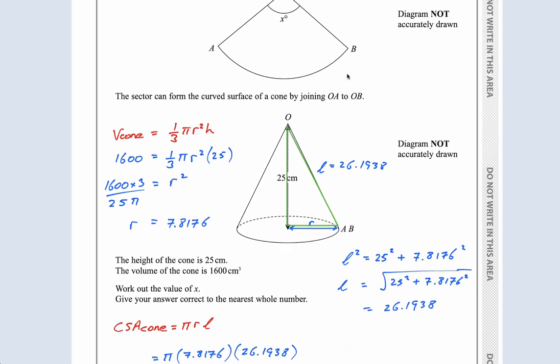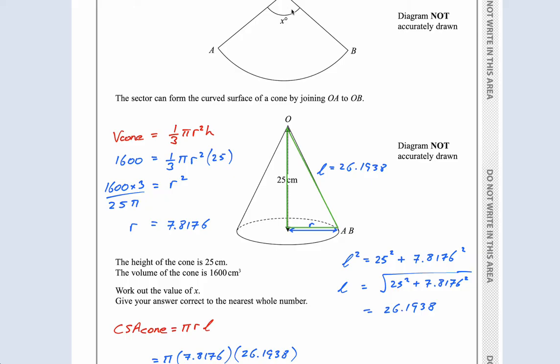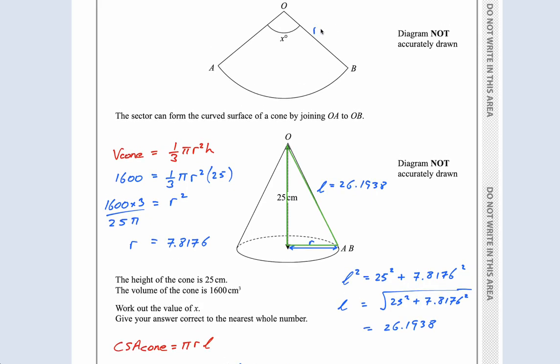Now in our sector, okay, here's another little tricky bit. In our sector, the radius is equal to this length here. It's equal to 26.1938. So just be careful, we have two radiuses here, the radius of the cone, but the radius of the sector is actually the slant length of the cone, because if you joined A and B, if you can imagine in 3D joining A to B, that's what that length would be.